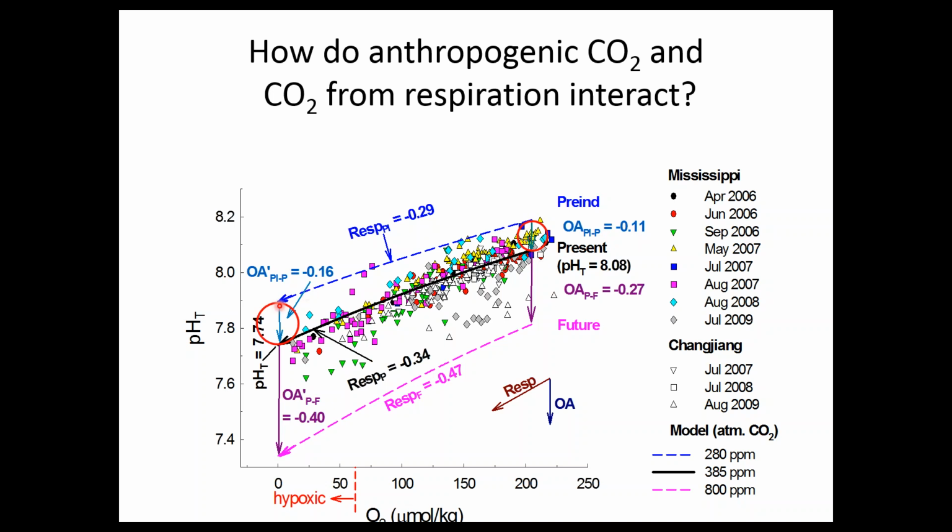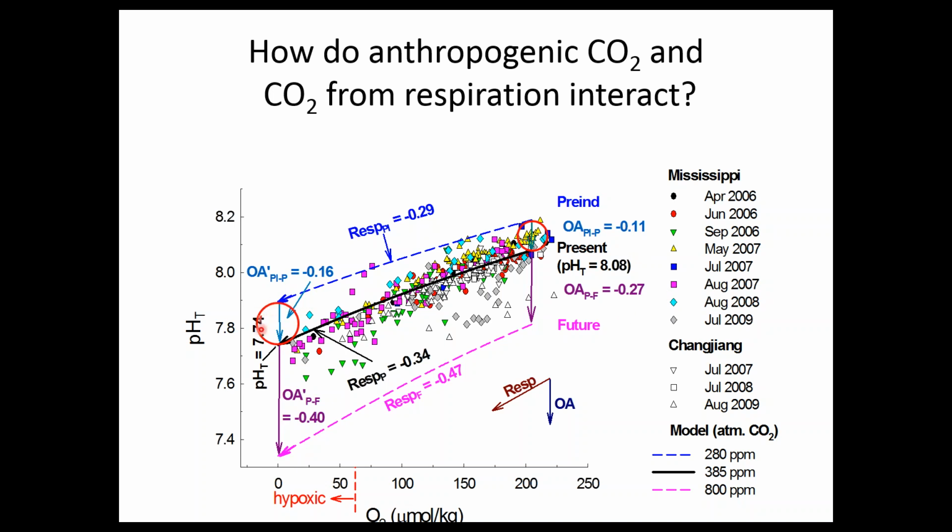But if we do this in this hypoxia zone, where oxygen is really low or zero and CO2 is already high because of respiration, you could have a much greater pH change due to introducing this CO2 from the atmosphere. The CO2 increase in the atmosphere would give us an OA effect of 0.16 instead of 0.11. So that's quite a bit of an increase.